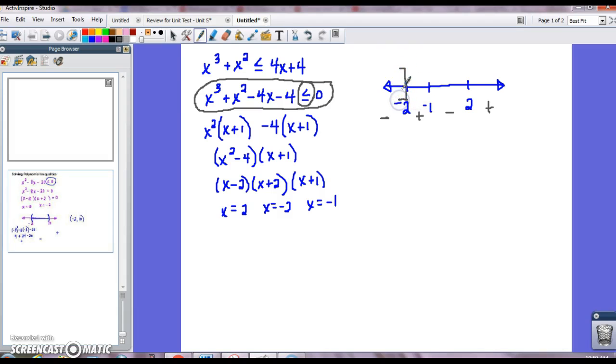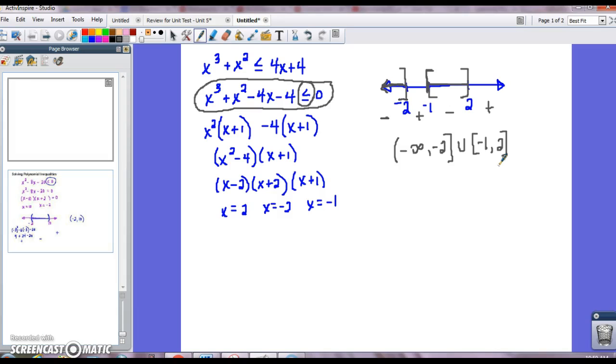So I'd have a square bracket here, and I'm taking everything on this side, and then I would also have a square bracket here at negative 1, and a square bracket here at negative 2, and I'm taking everything between there. So my solution set would then be from negative infinity to negative 2, square bracket, union, square bracket, negative 1 to 2, square bracket. And that would be my solution set.